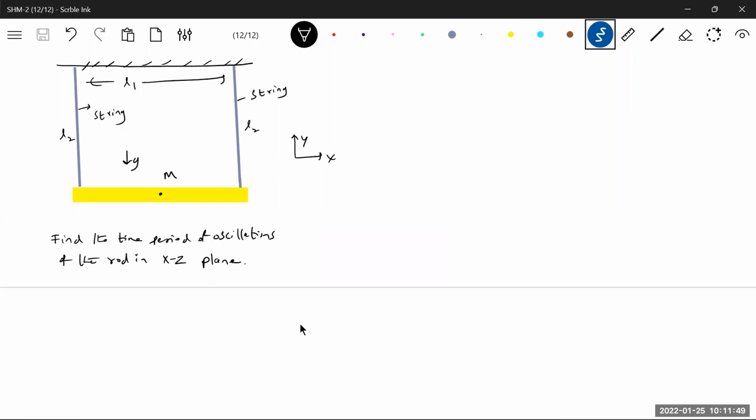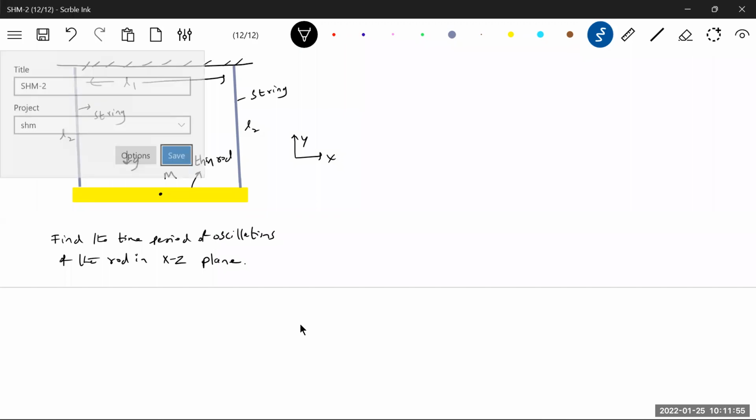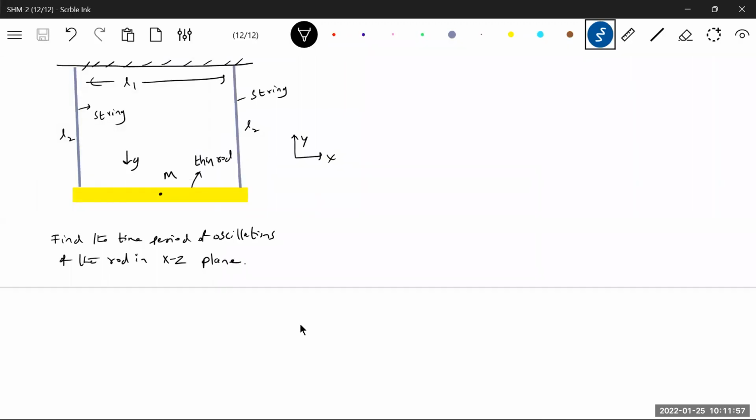Definitely, a string is there and there's a rod. I think first we have to see how it will oscillate.